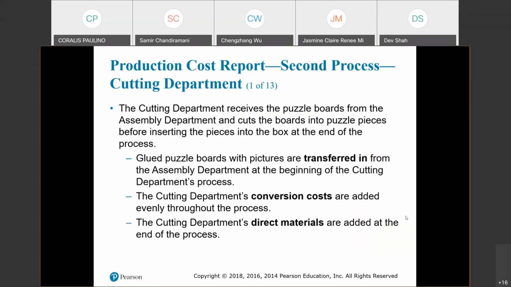Well, you have now accounted for all units and costs for the first department, which is assembly department. So it's time to complete the same process for the second department or the cutting department in our fictitious company.